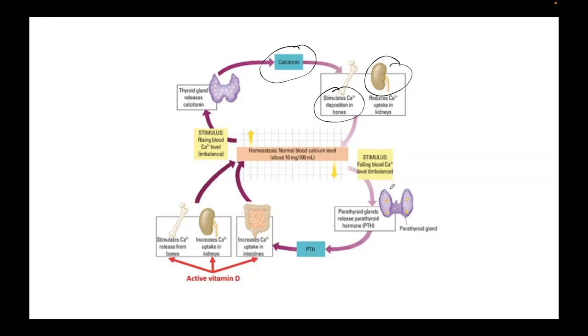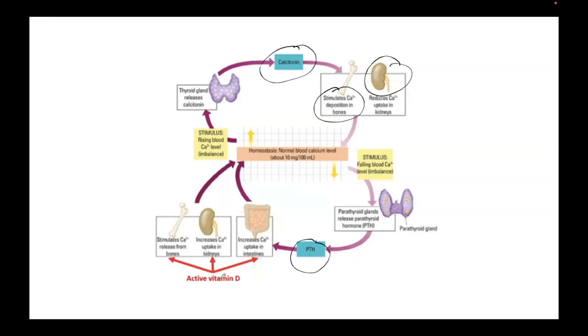Now, if it drops too low, then the parathyroid gland pushes out parathyroid hormone, and that's going to affect the bones, the kidneys, and the intestines. It's going to say, all right, parathyroid hormone, let's increase the calcium uptake in the intestines. And that's because the kidneys produce vitamin D. That's going to have the ability to increase the calcium absorption at the intestine.